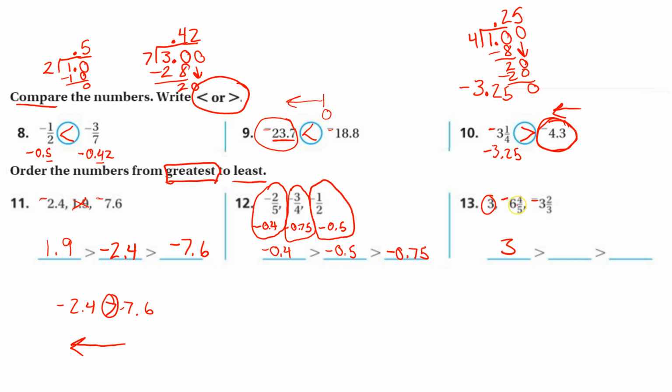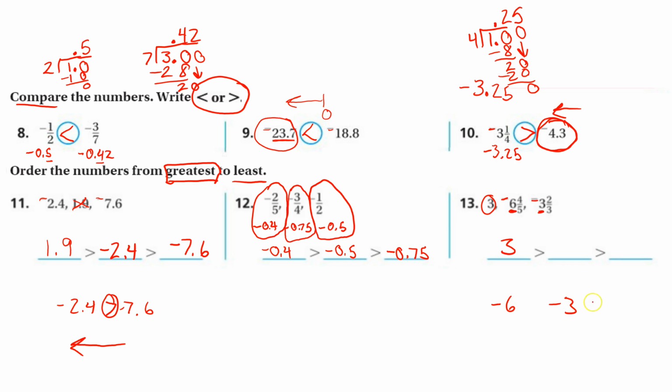Now really, since we're comparing, and it's not asking me to change it to a decimal, I can really just look at these whole numbers and compare negative 6 and negative 3. So which one's going to be the furthest to the left, meaning the smallest, the least valuable number?